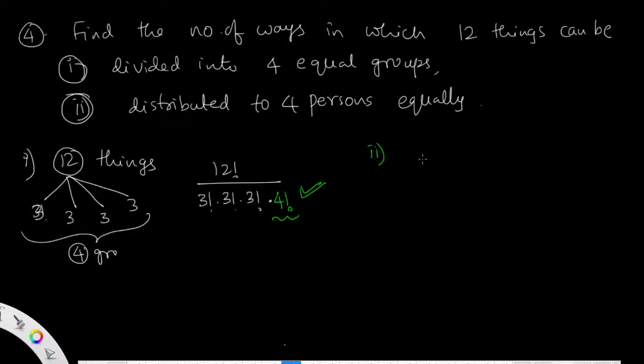And the second one: a group of people can be divided into equal groups. Then it goes to 4 groups, 12 persons, 3, 3, 3, 3 persons equally.